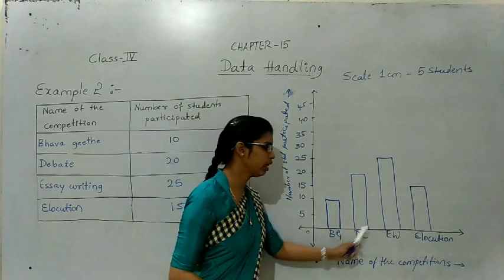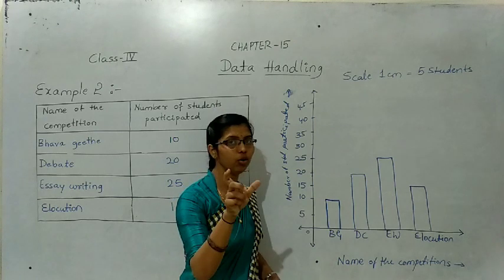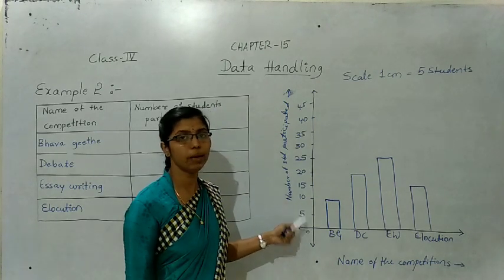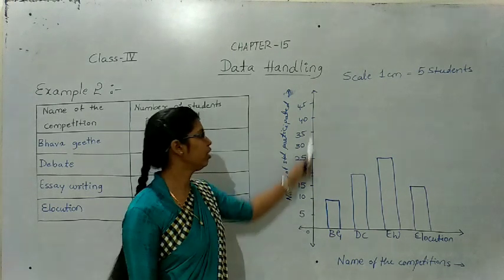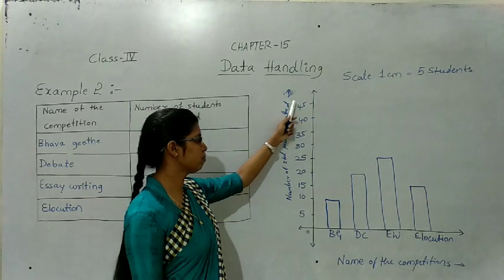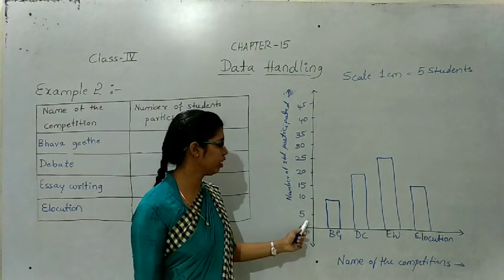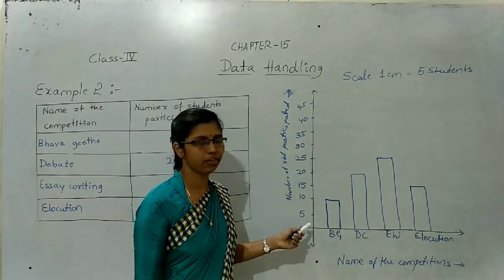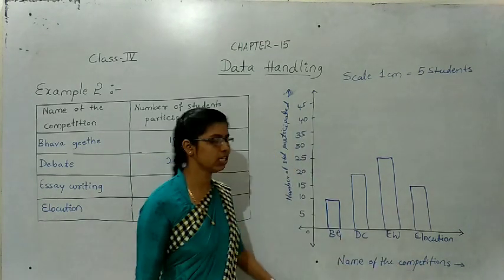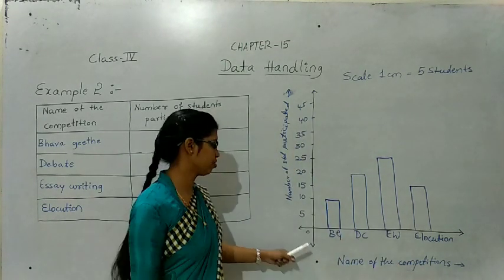Whatever numbers are given, you should take them on the vertical line, because that is the number of students participated. Here I have taken the vertical line. And this one is the name of the competitions.